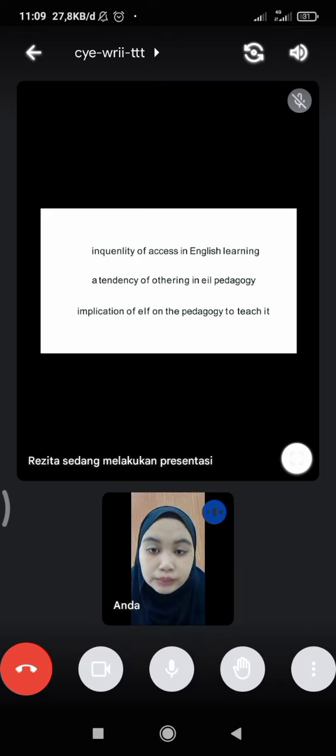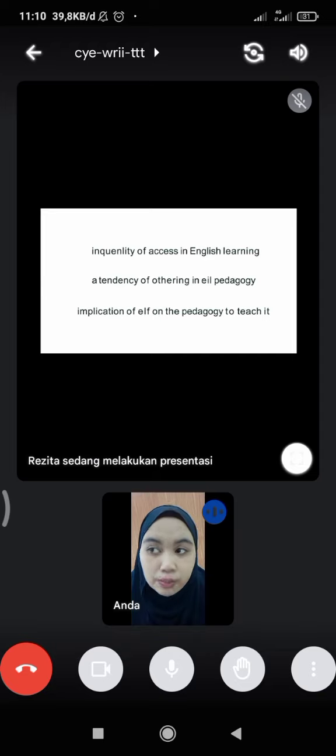The tendency of ordering in ELT pedagogy is like how the teacher teaches the students using the variations of English language for the implications on the pedagogy to teach it.